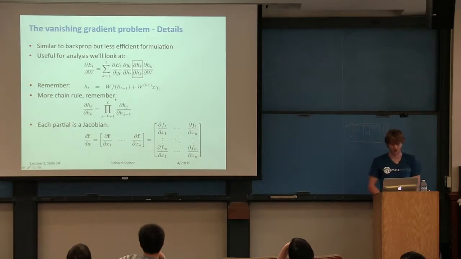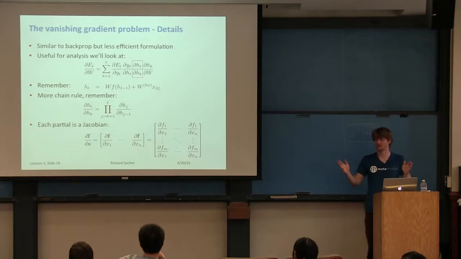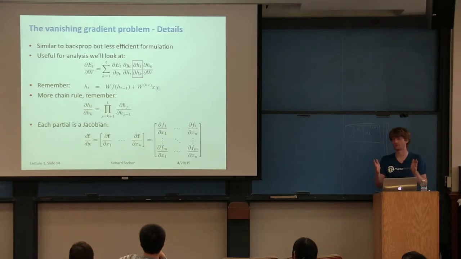All right, now when we try to take this derivative, h_j and h_{j-1} are both vectors. So when we want to write that out, that becomes the so-called Jacobian, which is just a matrix of all the first-order derivatives.